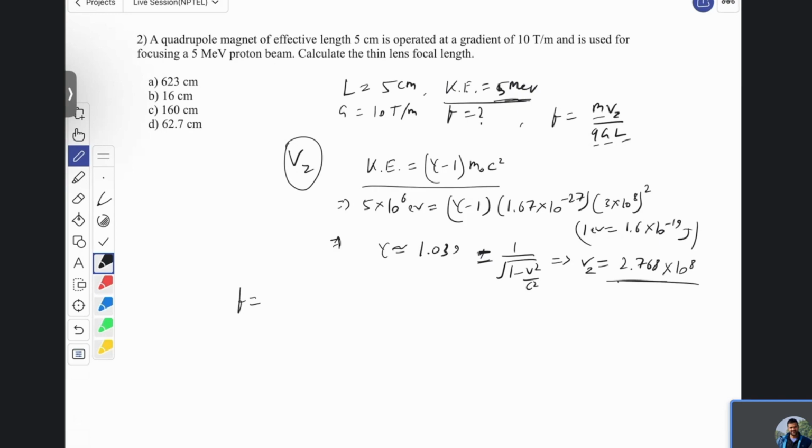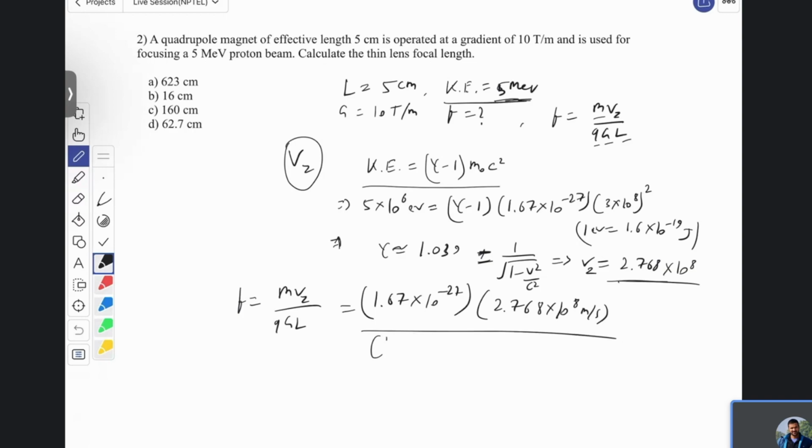Now we can calculate the focal length, which is m v_z by q G L. So mass of the proton is 1.67 into 10 to the power minus 27. Velocity of the proton is 2.768 into 10 to the power 8 meter per second.